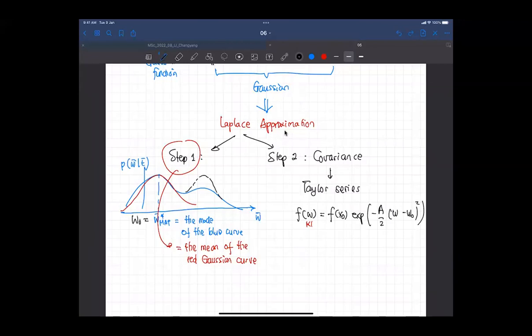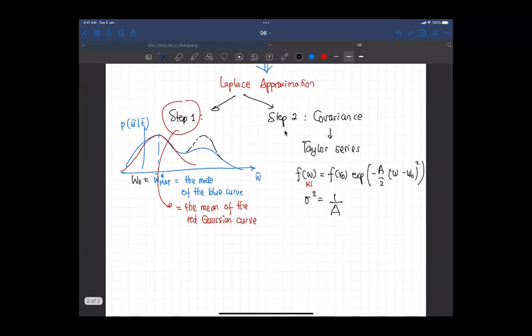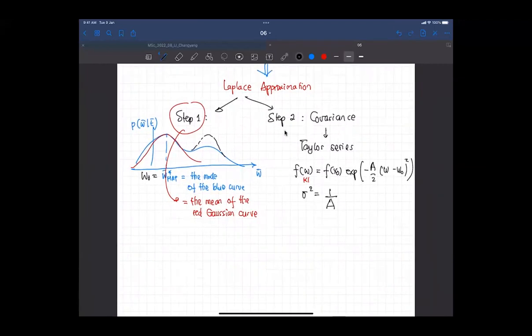Okay. So in this case, we know that the variance, sigma squared, equals 1 over A. That's the standard deviation or covariance, assuming that W is only one dimension, only a single W. Any question, anyone?